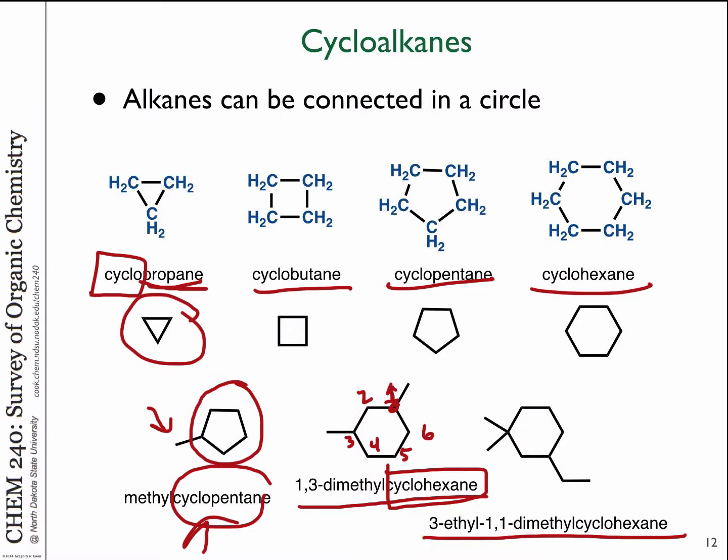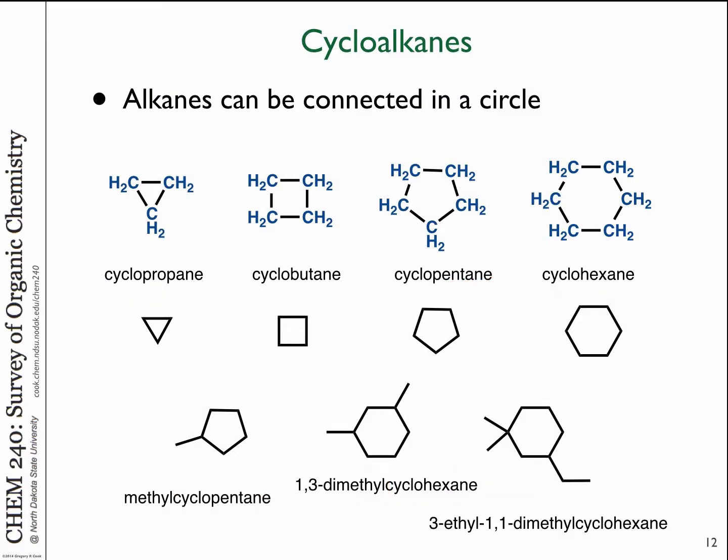Okay, so the question that came up was about whether you have other chains. For example, let's just say we have something like this. 1, 2, 3, 4. Ooh, that's terrible.